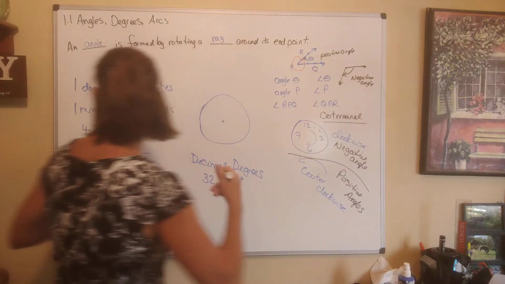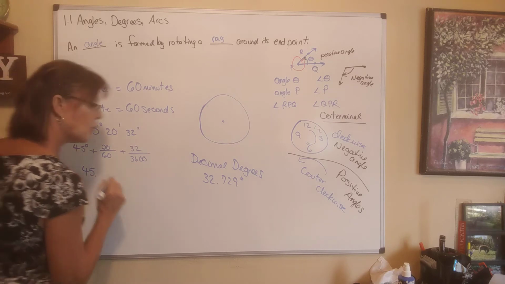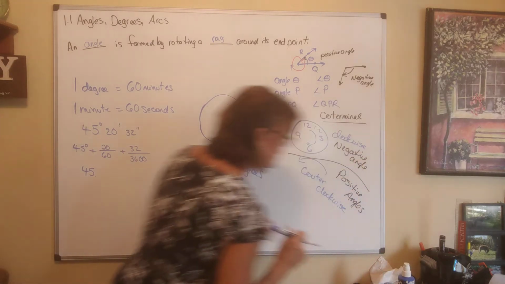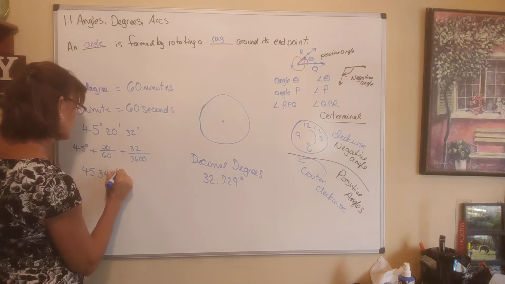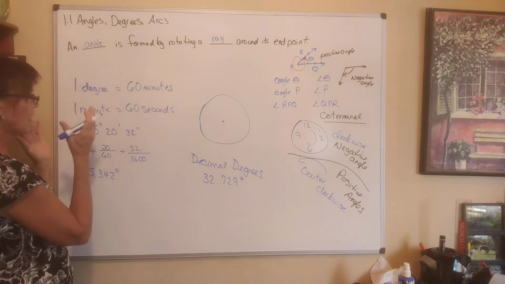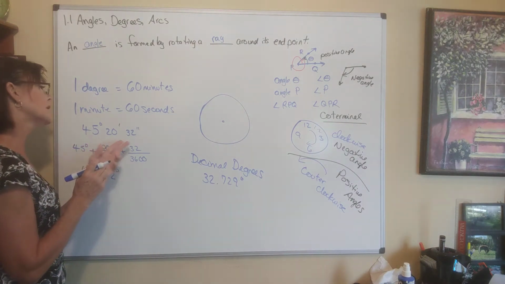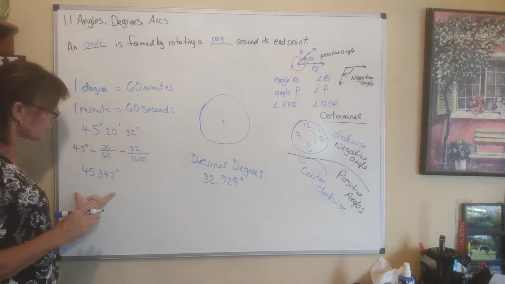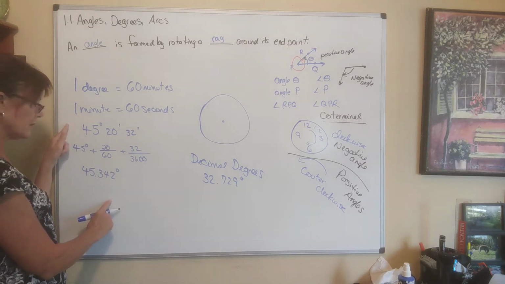And so altogether, this is going to be 45.342 degrees. So I've just converted an angle that's in 45 degrees, 20 minutes, 32 seconds into 45.342 degrees. These are equivalent.